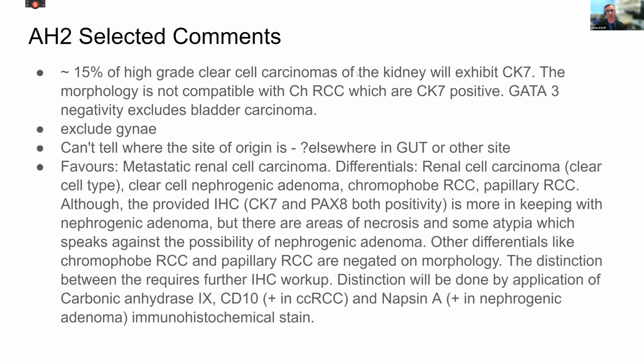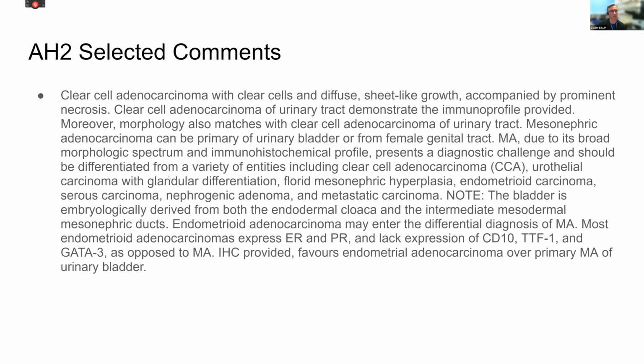Lots of comments about how much CK7 positivity is in clear cell RCCs, sort of a small number in my experience. I'm sure we've got some gynae pathologists also doing the urology EQA, because a lot of gynae focused opinions as well about what this could be and what similarities to the tumors that they see in the gynae specimens.